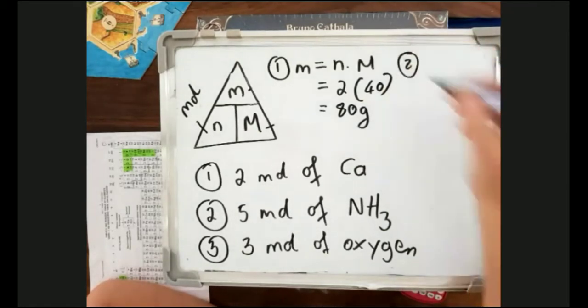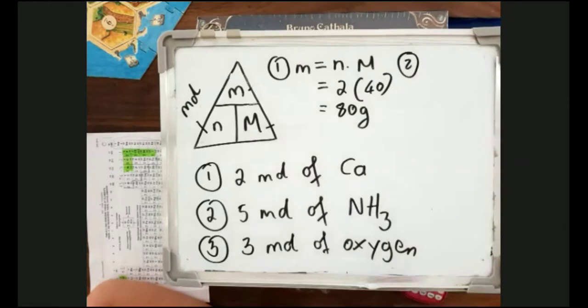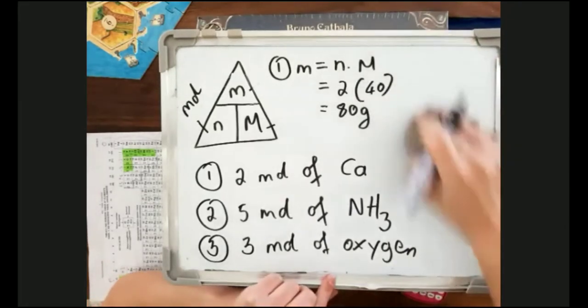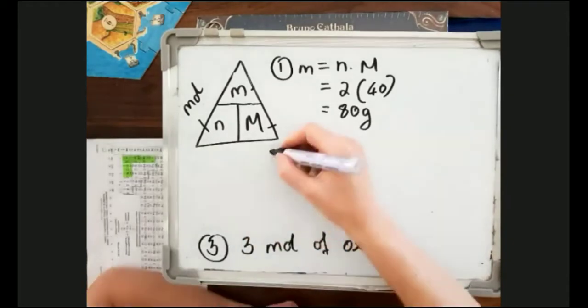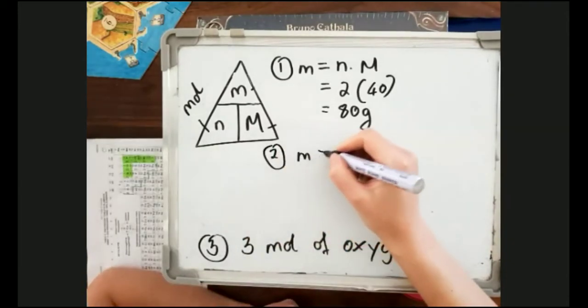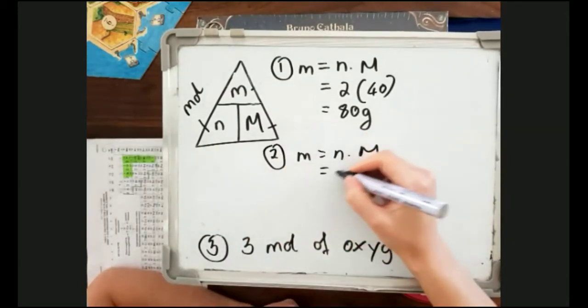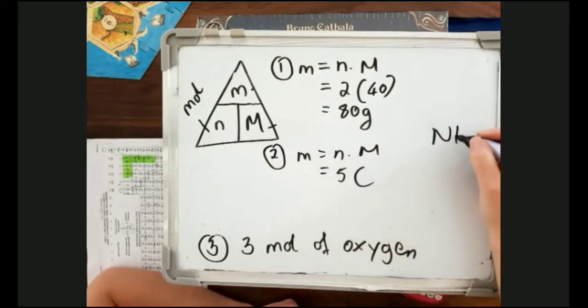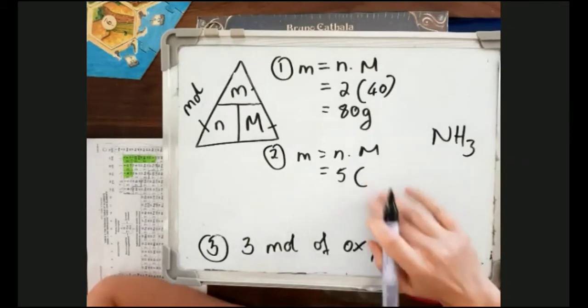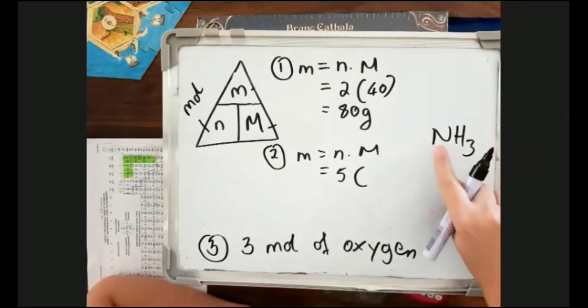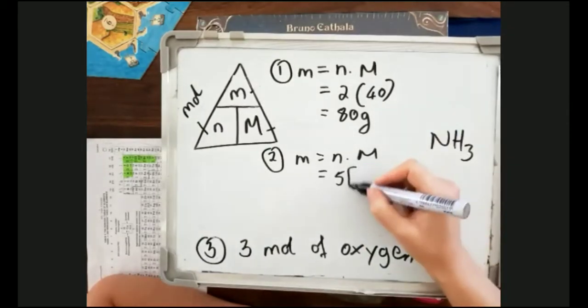Then number 2, 5 moles of NH3. Actually, let's do that one on the side here. So mass is moles times molar mass. Now NH3 is made up of nitrogen and 3 hydrogens. So to work out that molar mass, what's the molar mass of nitrogen? It's 14.